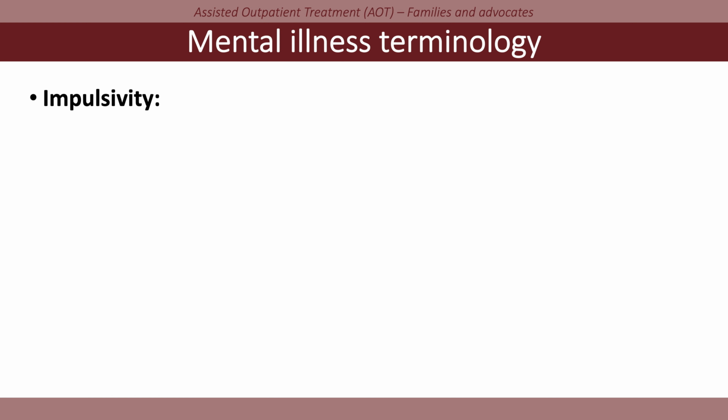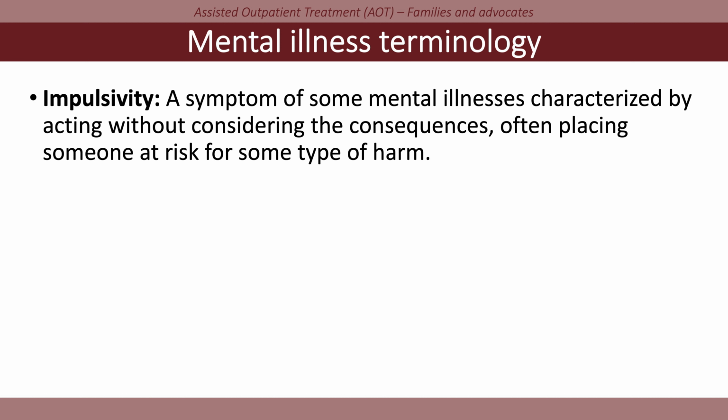Impulsivity, as I started to mention when I was describing the symptoms of a manic episode, is a symptom that is characterized by acting without considering the consequence. And it's not that we might not all sometimes just decide to do something fun on the spur of the moment. The hallmark here is that acting without considering the consequences places us at a greater risk for some type of harm.